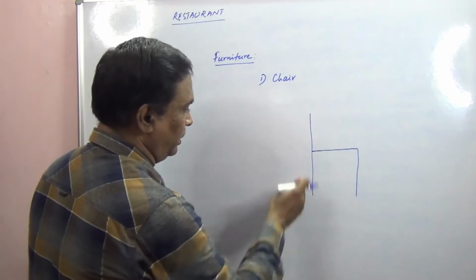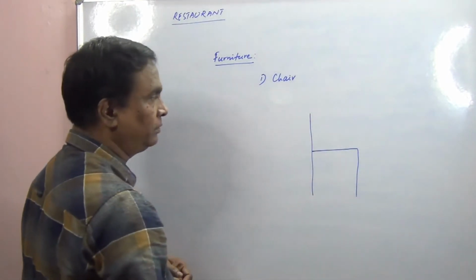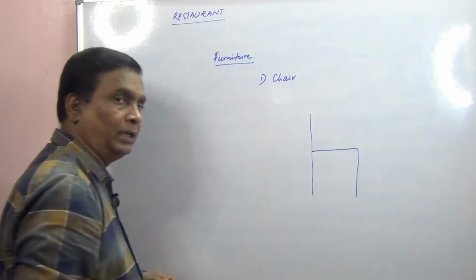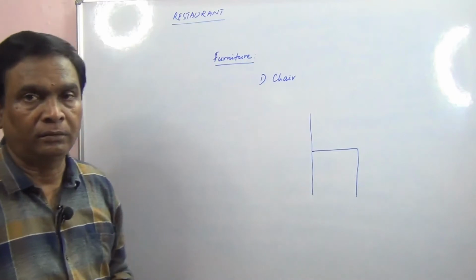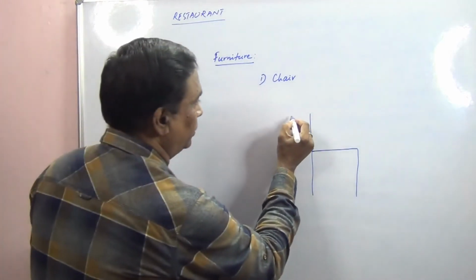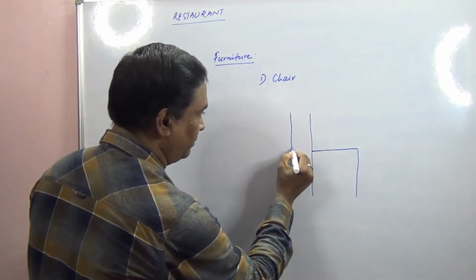Now from the base, from the floor level up to the back of the chair on top, you can just say the height of a chair.